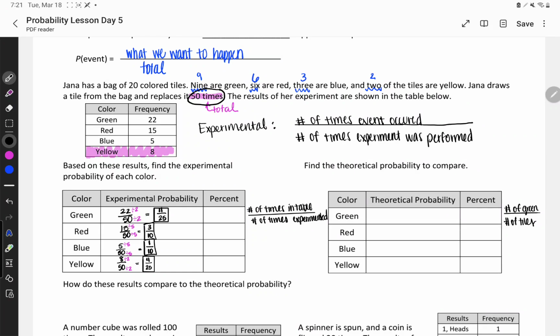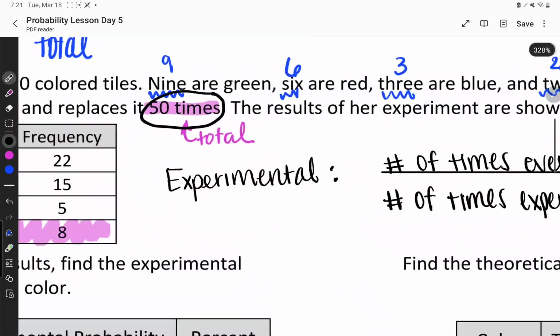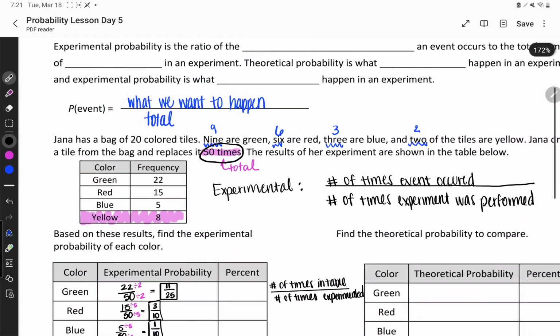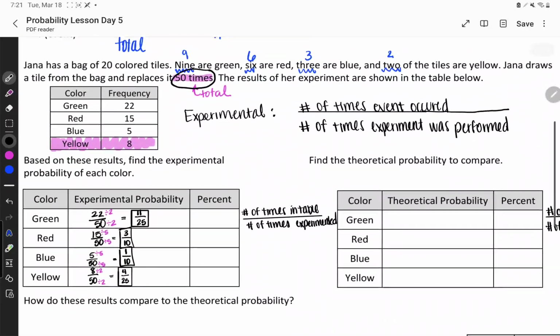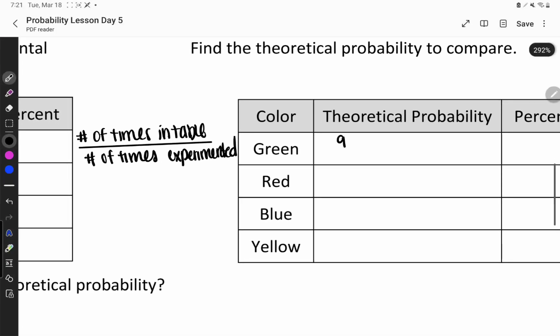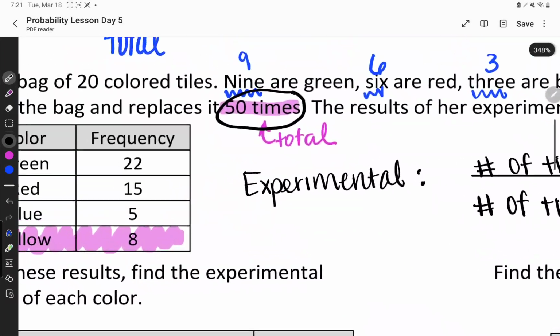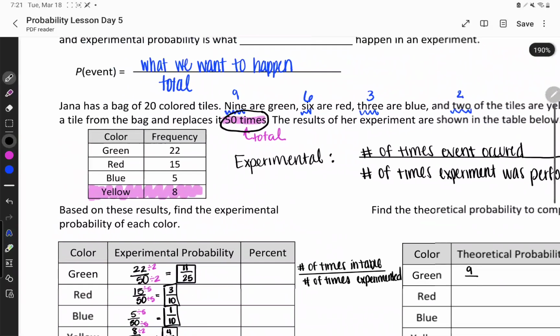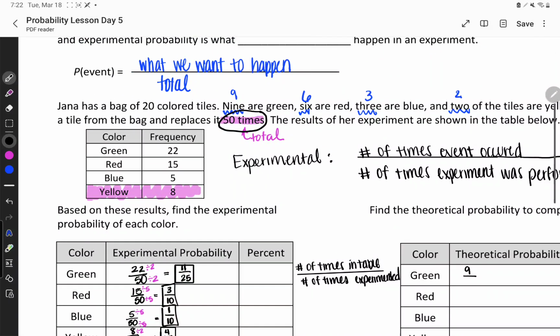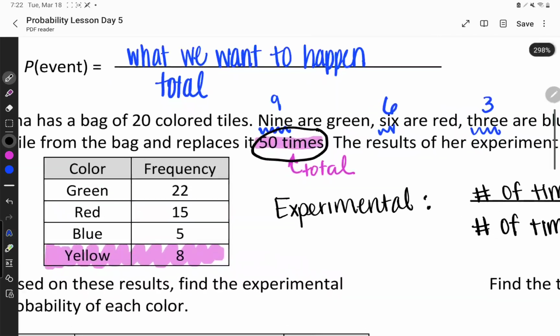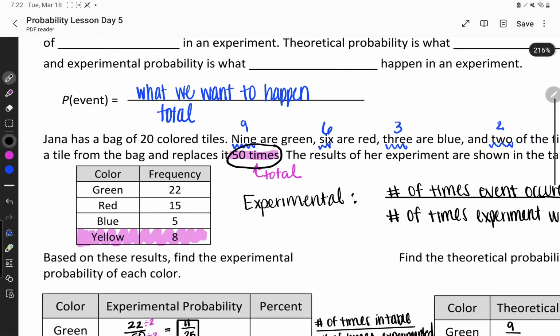We've just been saying, okay, I'm going to look at this and think of what would happen. So when we look at the green, it says that 9 of the tiles are green. So I'm looking at the tiles themselves. 9 are green. And I do have a total of not 50 tiles. That's how many times the experiment was performed. So I don't care because we're not dealing with experimental probability right now. We have a total of 20 tiles.